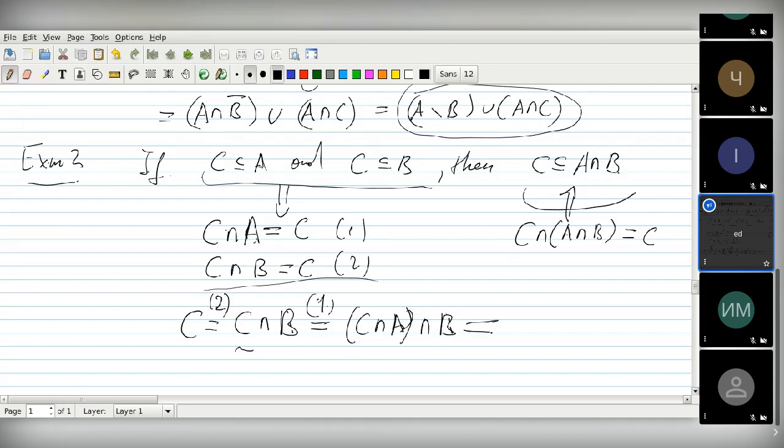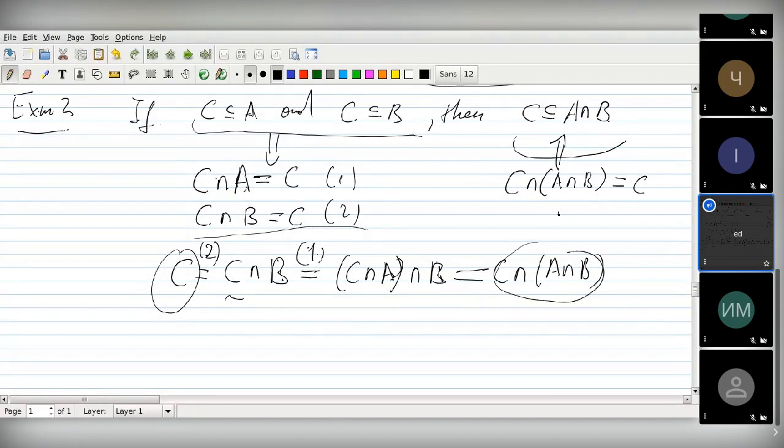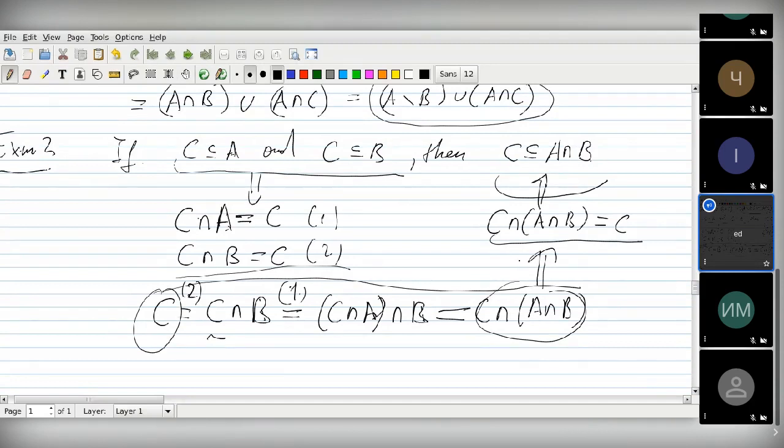And now let's apply associativity and regroup these sets. So C equals this set, which is what I need. Is it clear?